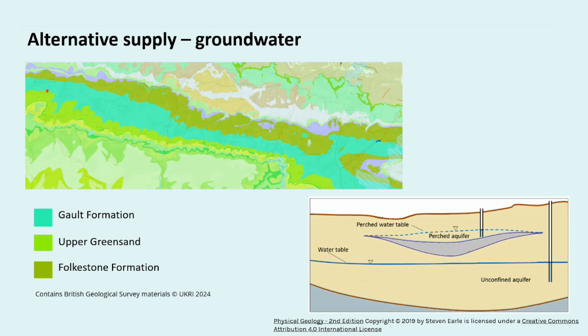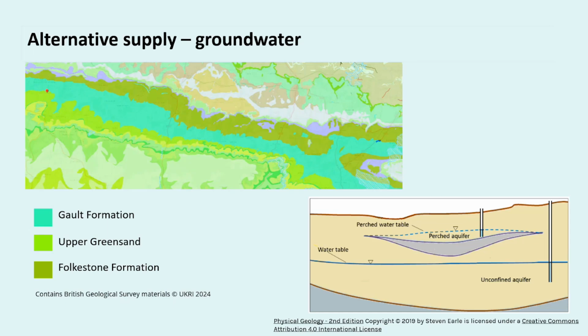The image on the lower right shows a perched aquifer that is hydrologically disconnected from the underlying primary aquifer. That means that abstraction from the perched aquifer would not increase demand on the primary aquifer, and that offers an option to abstract water and a path to water neutrality.